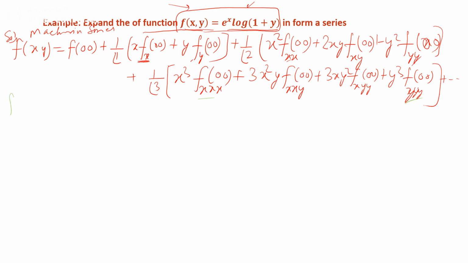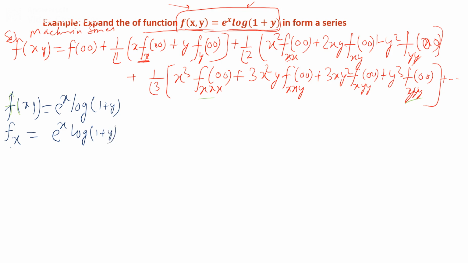So here we have given f(x, y) is e raised to power x log(1 plus y). So first we take the partial derivative of that function with respect to x. When we take the partial derivative with respect to x, treating y as a constant, what we get is e raised to power x log(1 plus y), because that term becomes constant.